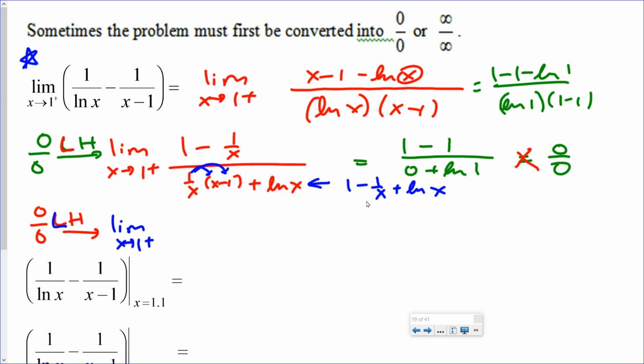So what's the derivative of 1? 0. Let me rewrite. This is really 1 minus x to the negative 1, right? So what's the derivative of negative x to the negative 1? That's negative 1 times negative, which is positive, x to the negative 2. You good with that? On the bottom, the derivative of 1 is going to be 0.